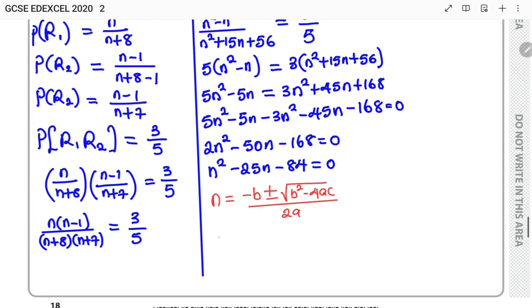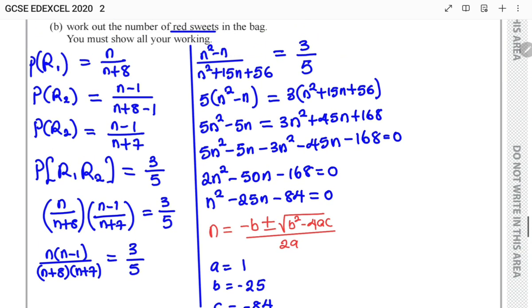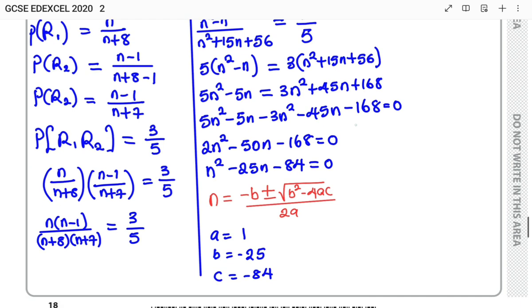And in this case, our a is equal to 1, our b is minus 25, then our c is equal to minus 84. Now, this is a calculator paper, so you just key it into your calculator and you get your values. Okay, as simple as that. So once you do that, the values will be that n equals minus 3, then n equals 28. That is what you're going to have.